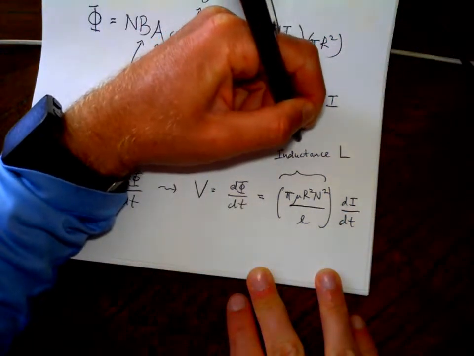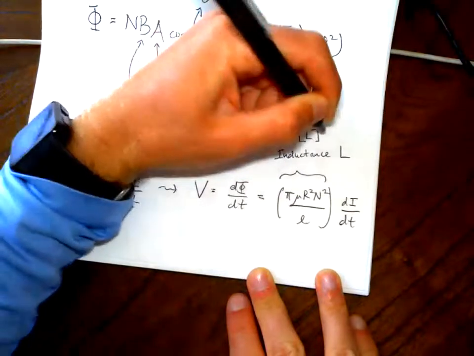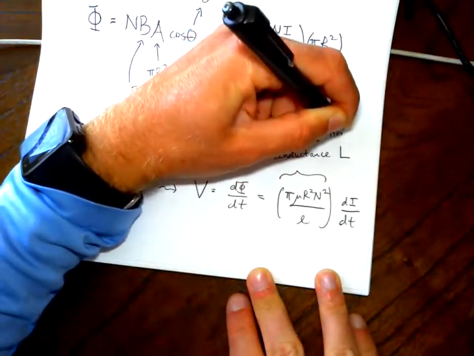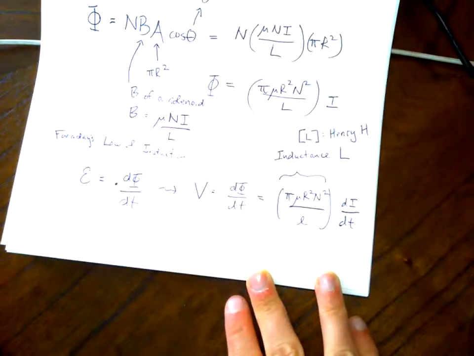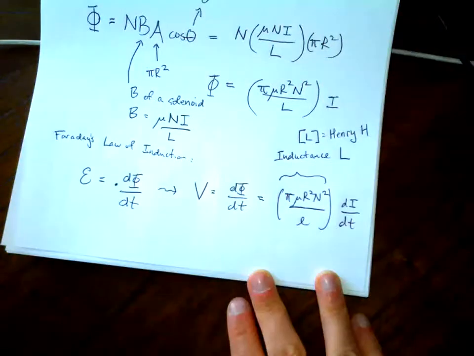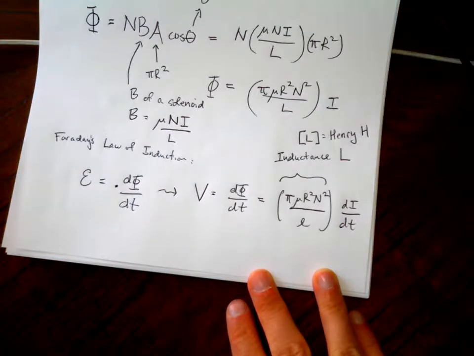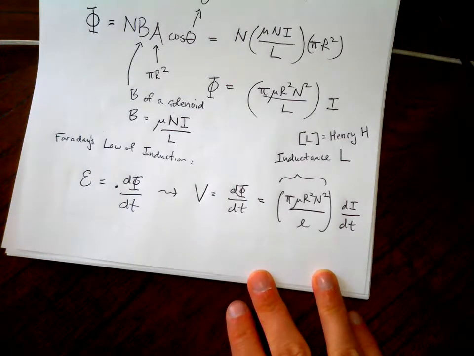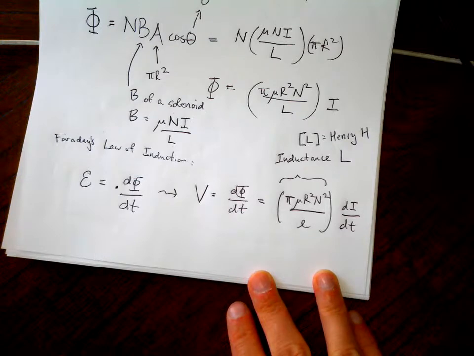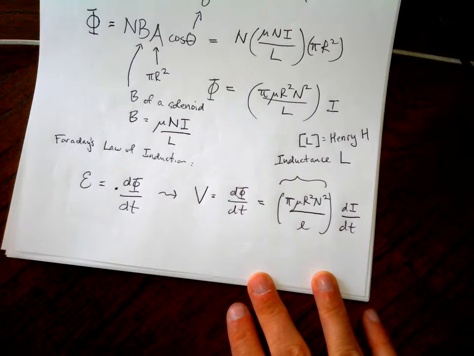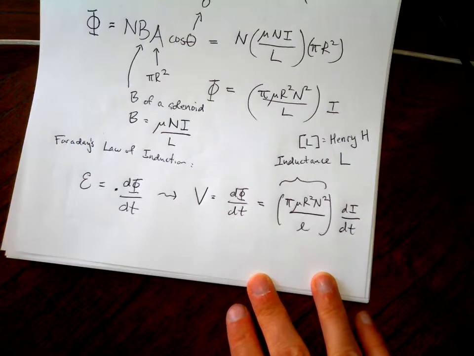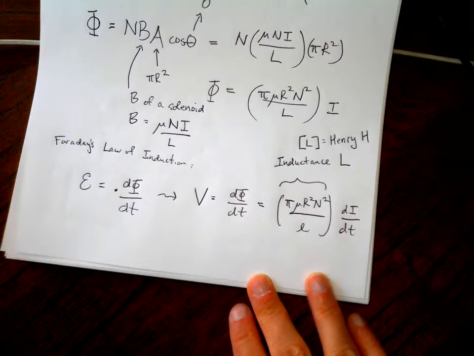The units of inductance are called henries, which is abbreviated by H. Typical values for the inductance are, if it's a small inductor, it could be nanohenries, all the way up to millihenries. If we were in class, I have some millihenry inductors that we use for experiments, but other than that, it's going to be mostly nanohenries, microhenries.